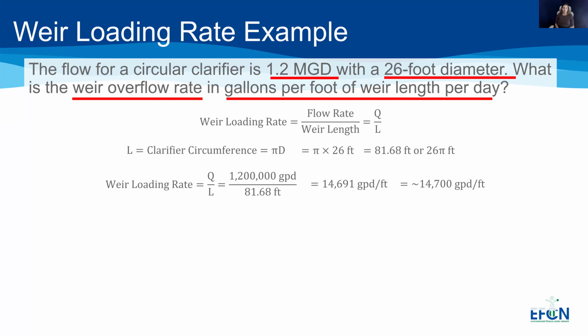Now, typically an operator certification would probably round this to about the nearest 3 digits or so. So it may look something like 14,700 gallons per day per foot. Now, if you take your certification as part of a regulatory agency that tends to want something a little more strict, a little more precise, they may give both these answers and ask which one's better.